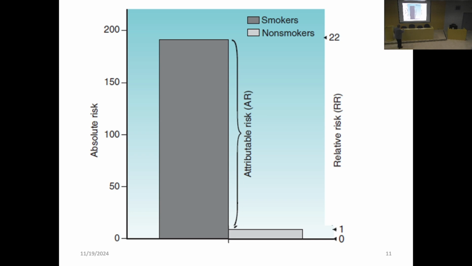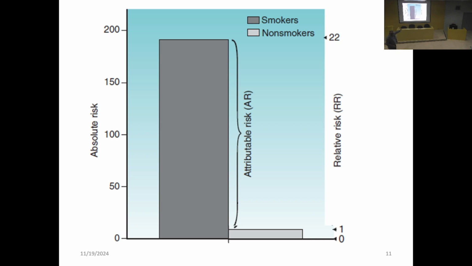This risk is caused by the risk factor, let's say smoking, because the risk is in smokers, by smoking, and non-smokers are included here. But how much are they? They are measured here because you have the risk among non-smokers. So the real risk attributed to smoking is this minus this. Right or not? Do you understand?